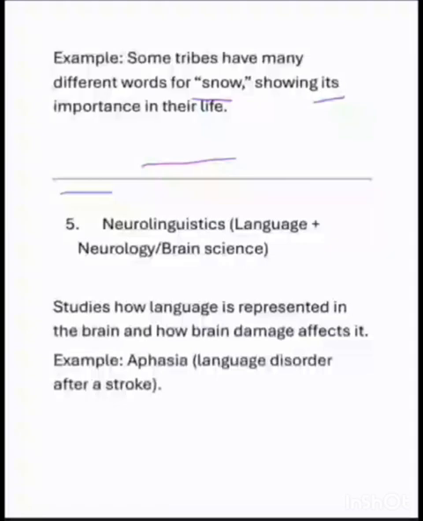Then neurolinguistics. Neuro is related to our brain. Language plus brain equals neurolinguistics. So how language is represented in the brain and how brain damage affects it. Our language is present in the left part of our brain, and when this part gets damaged, we cannot speak, we cannot produce language.